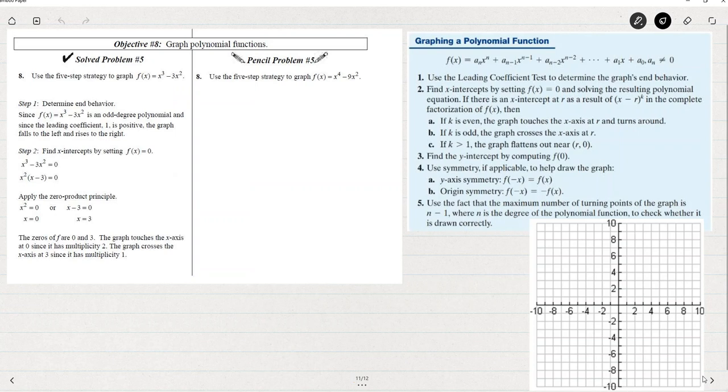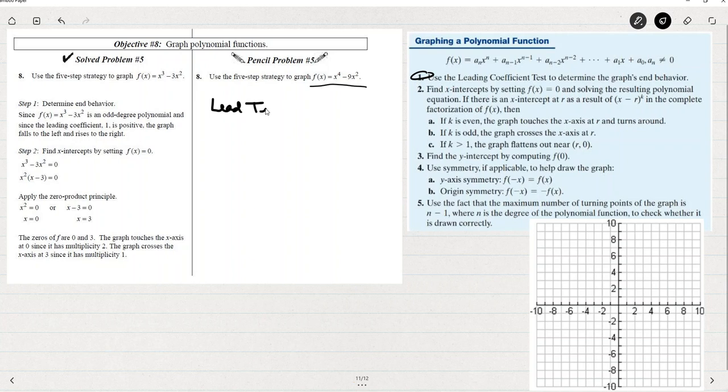All right, let's draw everything together from this section and use the 5-step strategy to graph this polynomial, f of x equals x to the 4th minus 9x squared. To start with, number 1, we'll use the lead coefficient test to determine the end behavior.